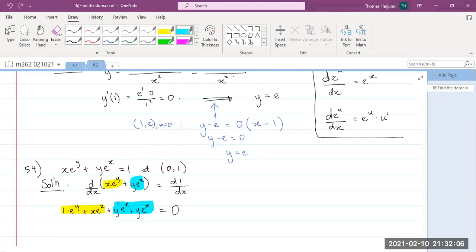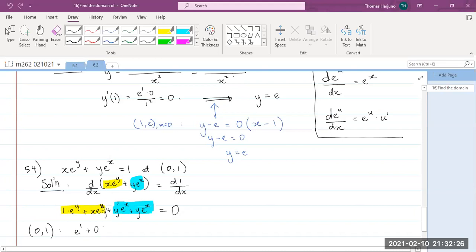Now let's plug in numbers, or you can isolate for y prime first if you want. But I can plug in numbers right away if I want to. So (0, 1). So 1 times e to the 1 plus 0 times e to the y times y prime.